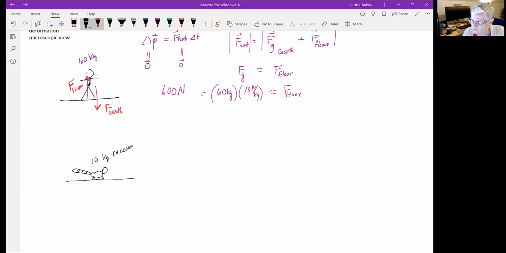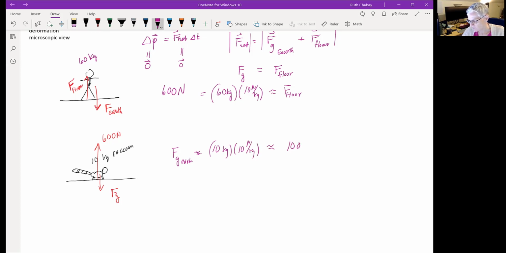So we know that the floor exerts an upward force of 600 newtons because we determined that already, but the Earth is exerting a downward force that's less than that. So F gravitational due to the Earth is about 10 kilograms times 10 newtons per kilogram.